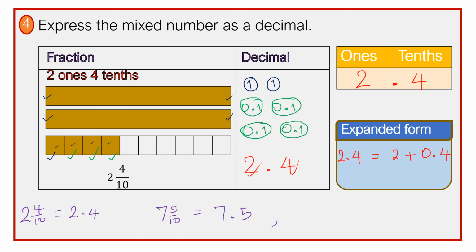If I have 23 and 6 out of 10, it will be 23.6. Okay, this will be 2.4, this will be 7.5, this will be 23.6.